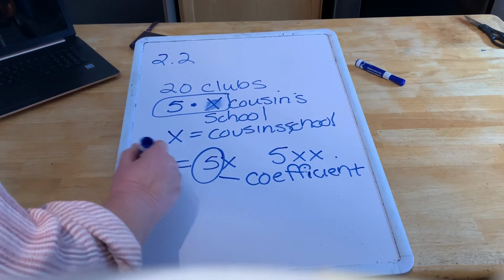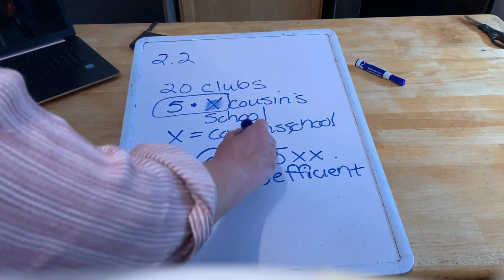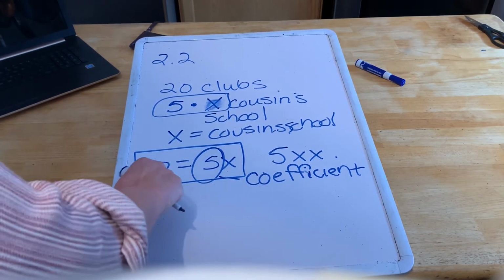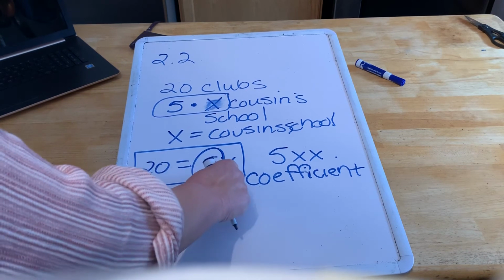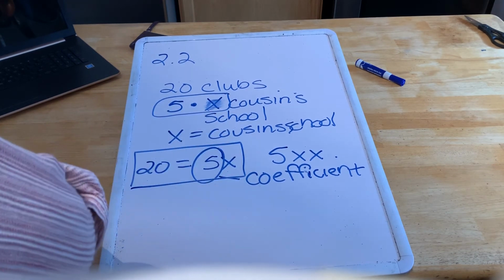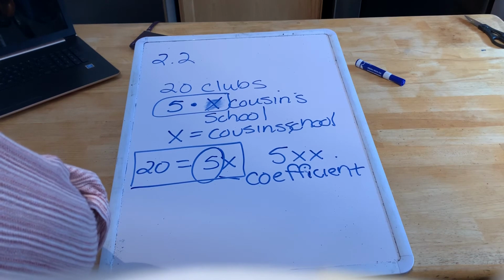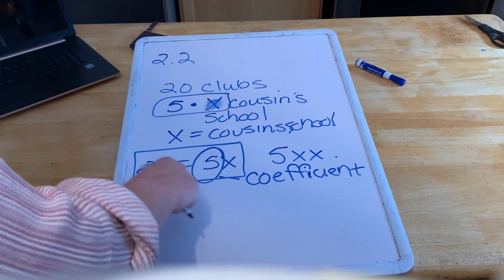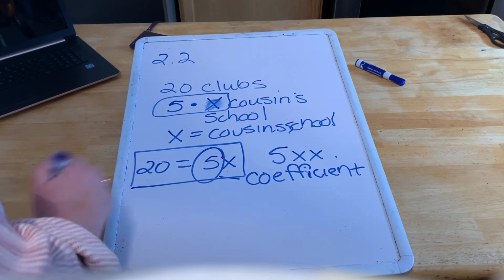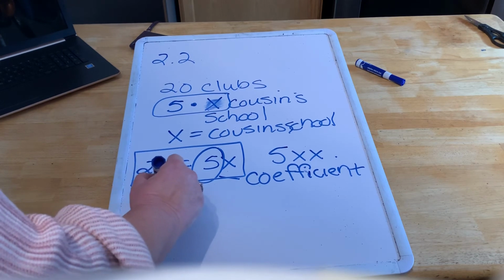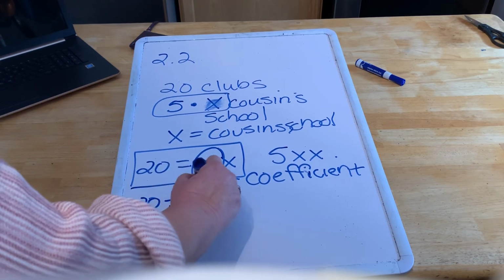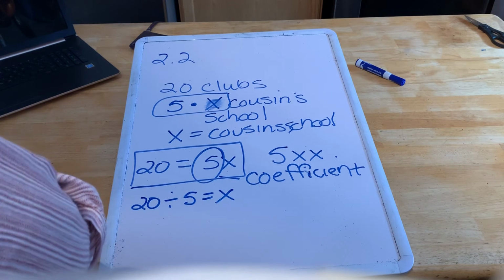All right, so let's take a look at this equation so we can get the answers here. So 20 equals 5 times x. Because I know division is the reverse of multiplication, I need to divide in order to find my answer. So if I divide 20 by 5, I get x.